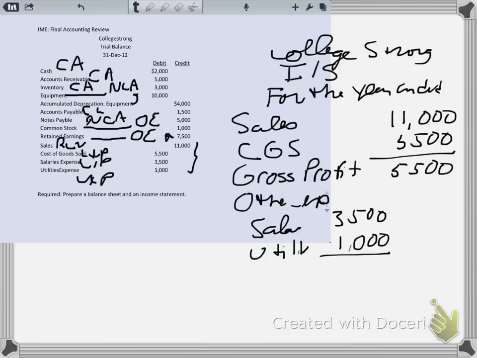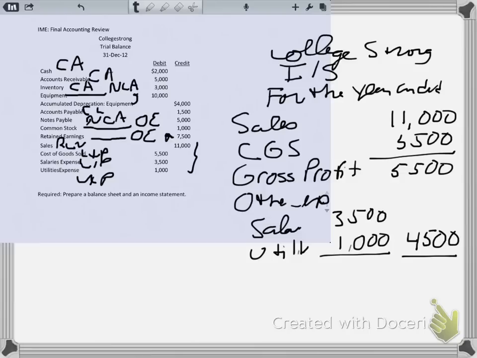Those expenses cover $4,500. I could put the total down here, but I can also save some space. As long as I have a line here, a single underline, and I have a number next to it, I'm automatically signaling people that that $4,500 is the total of the $3,500 and the $1,000.